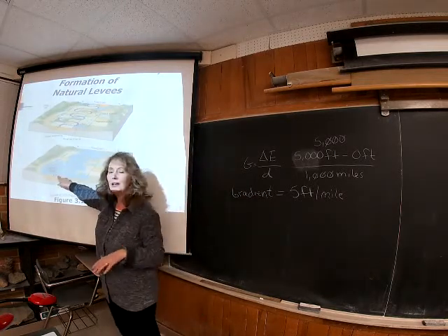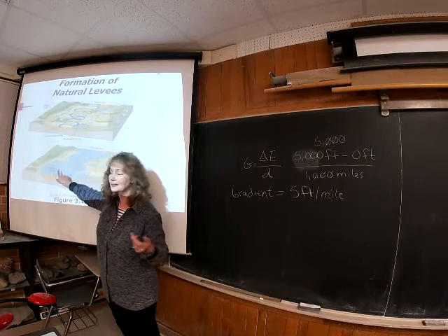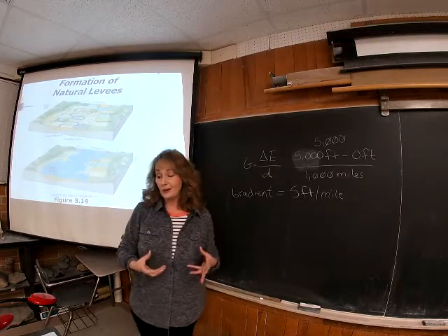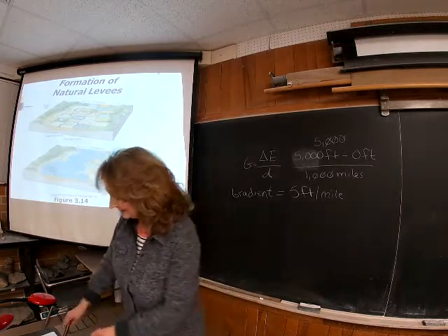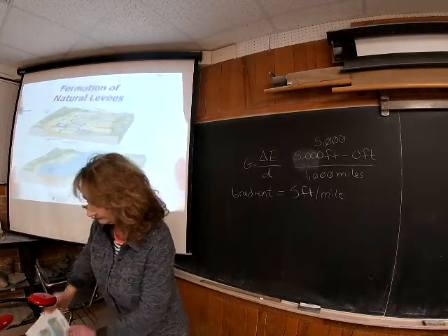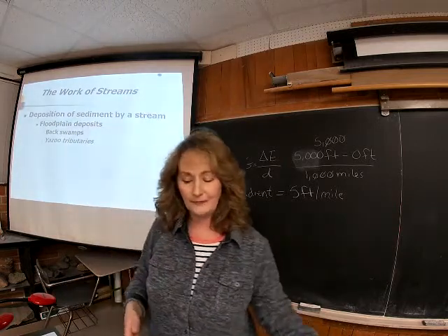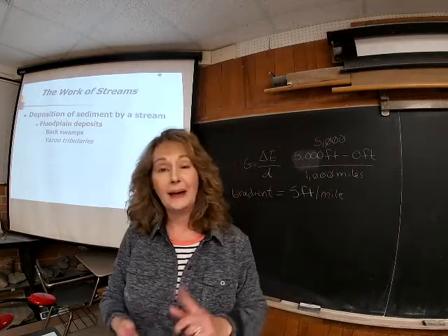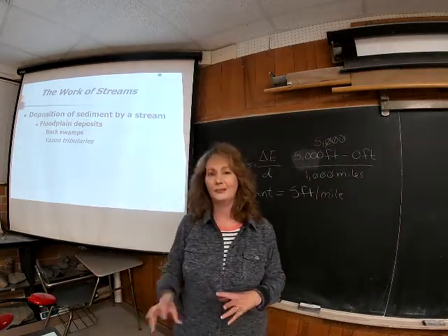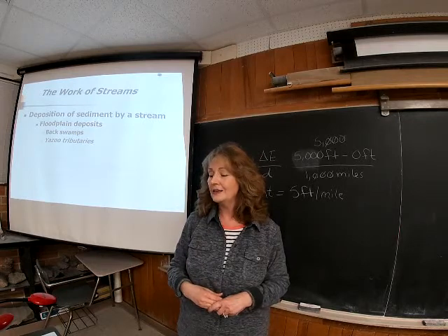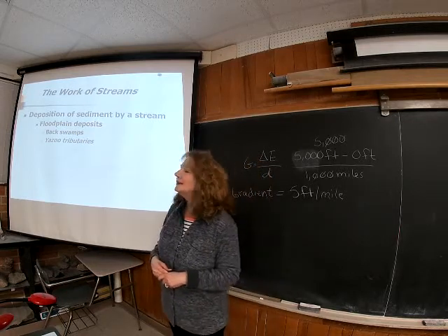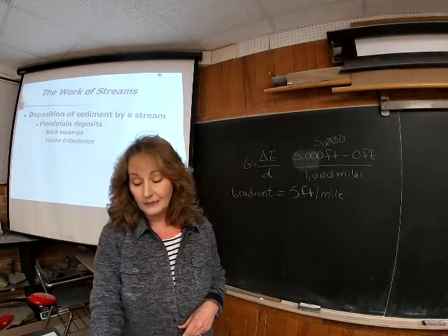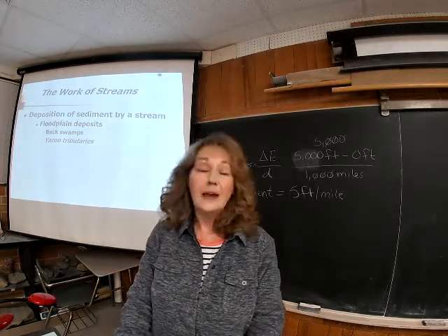But yeah, every time your river channel floods, you can get a buildup of deposition on either side, and we call those natural levees. Again, depositional features here. Floodplain deposits. So the back swamps that we talked about, that water that just can't get back into the main stream, and the Yazoo tributaries, they go miles and miles parallel to the main channel.